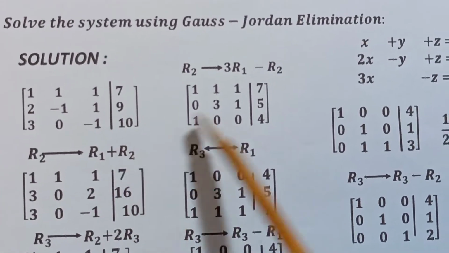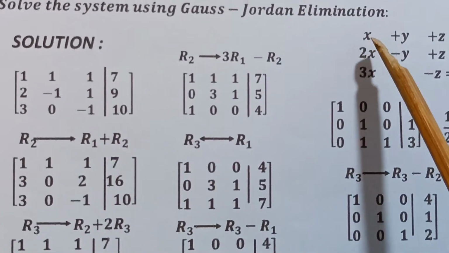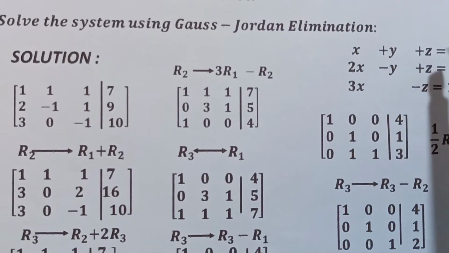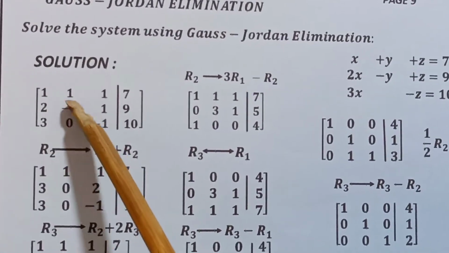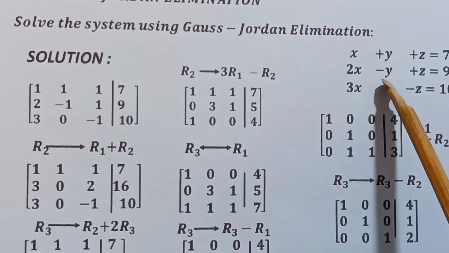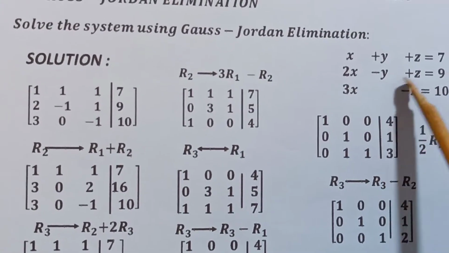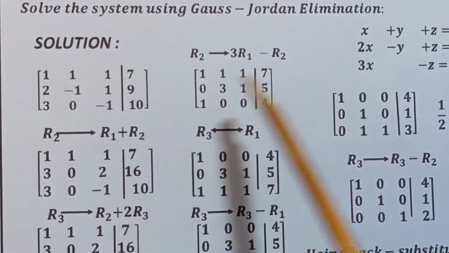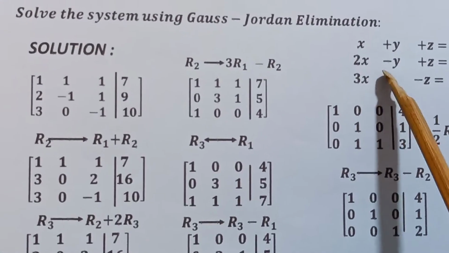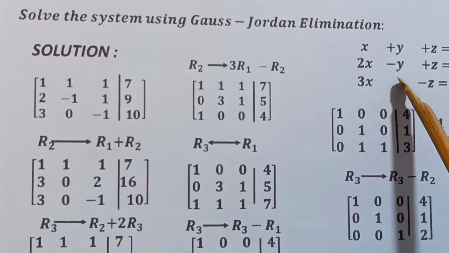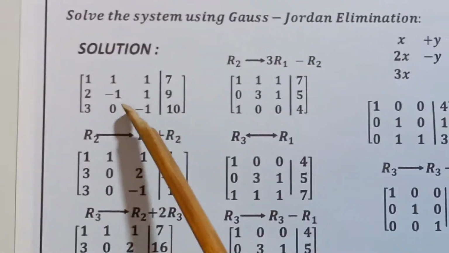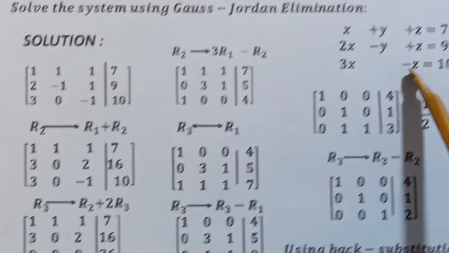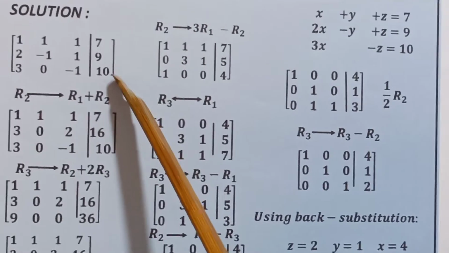So we just copy the coefficients here: 1, 1, 1, 7; 2, minus 1, 1, and 9; 3, and replace the y here with 0, then negative 1 and 10.